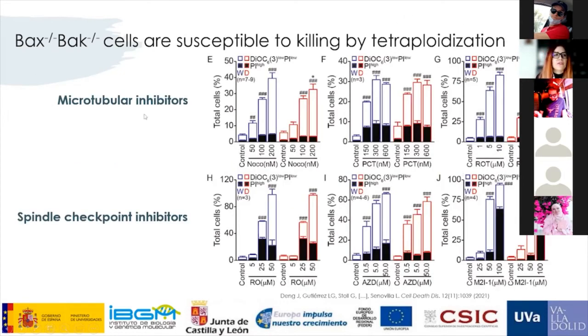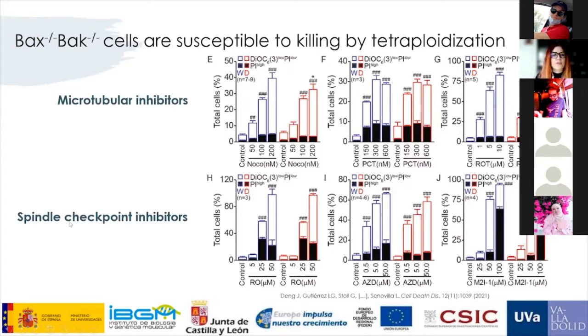However, if we use different microtubular inhibitors, such as nocodazole or paclitaxel, which is a chemotherapy derived from taxanes, and also rotenone, we lose this resistance to apoptosis, and in fact we have a similar percentage of apoptotic cells as in the wild type.